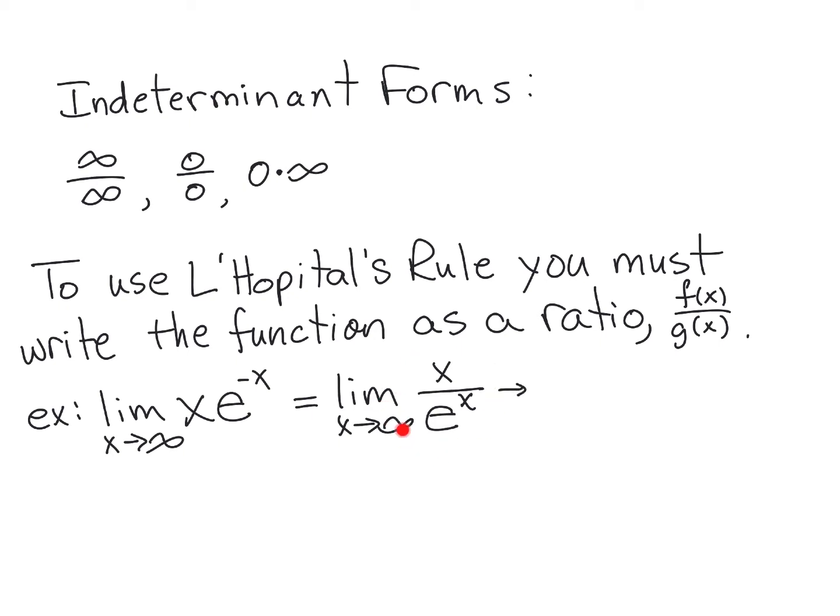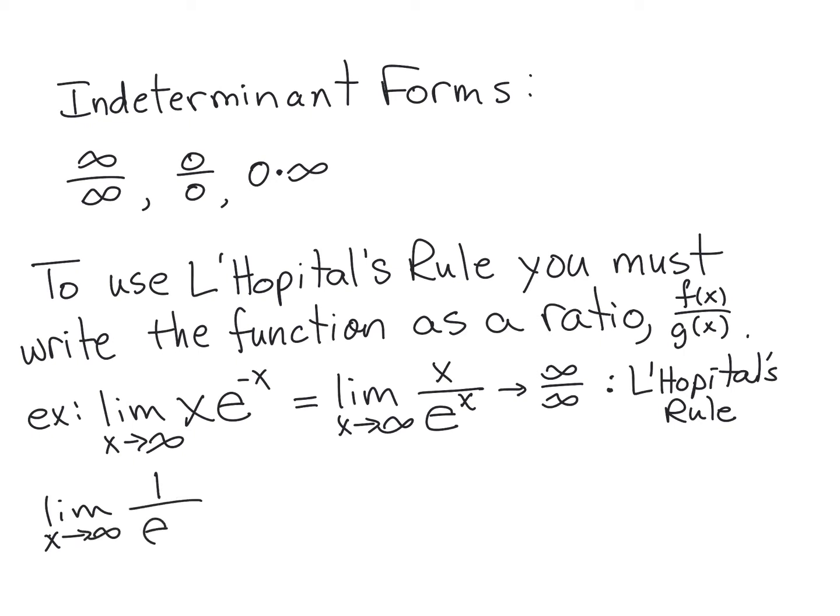To use L'Hopital's rule, I need to rewrite this as a ratio. Notice that I'm going to get infinity over infinity, so I can take the derivative of the top and the derivative of the bottom, and then take the limit as x goes to infinity again, because I ended up with this indeterminate form.